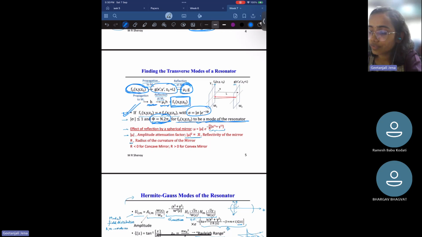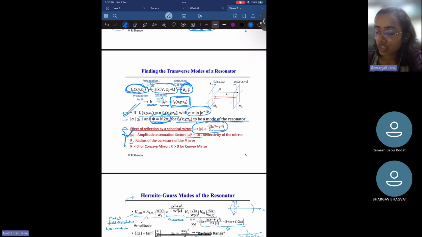So the effect of this reflection by the spherical mirror, we have seen, we add a factor of mu in the final expression, which is mod of mu, e to the power minus i, into the phase factor phi, which is k by r times x prime square plus y prime square.